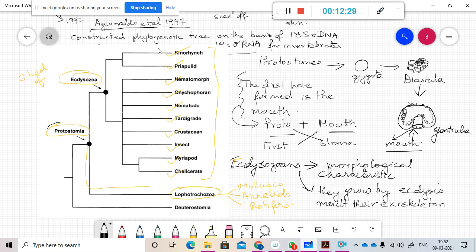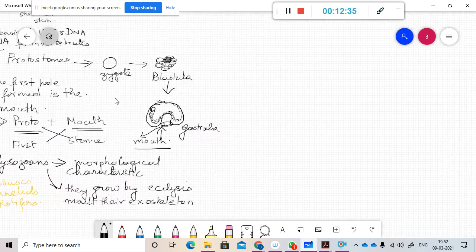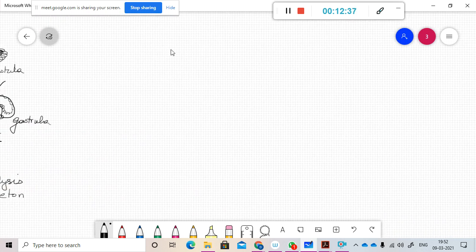So what are the important characteristic features of ecdysozoans? The most notable character is that they have a 3-layered cuticle.